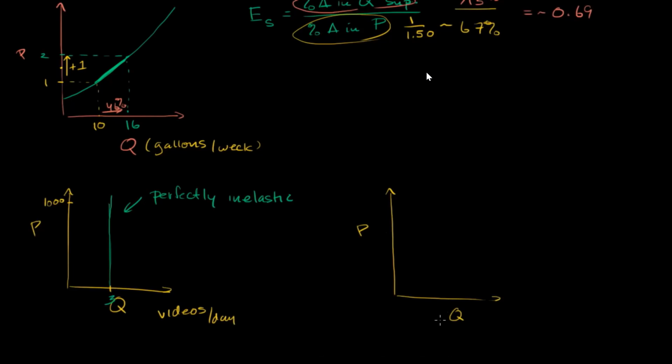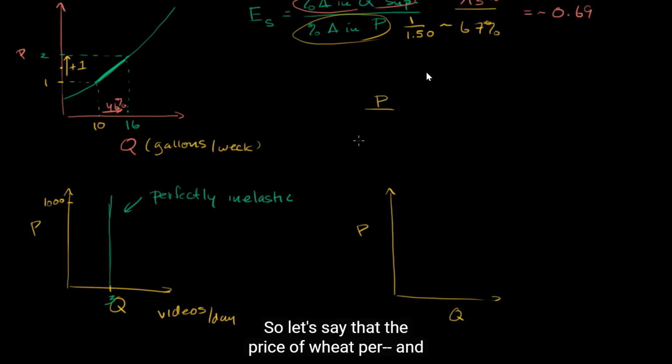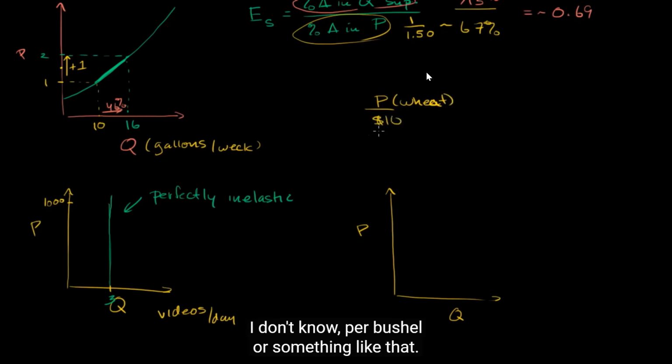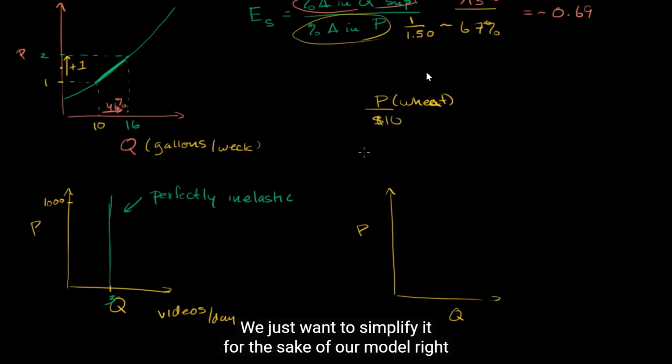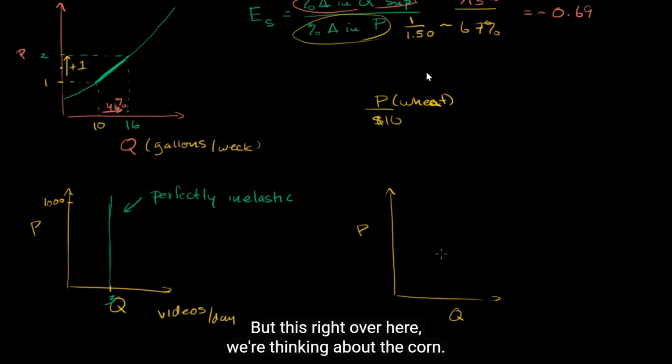So let's say the price of wheat, using comparable units and adjusting for units and all of that, is $10 per bushel or something like that. We just want to simplify it for the sake of our model. But this right over here, we're thinking about the corn.